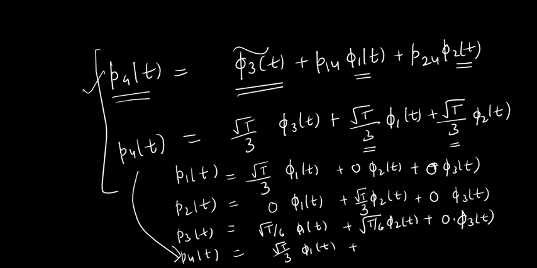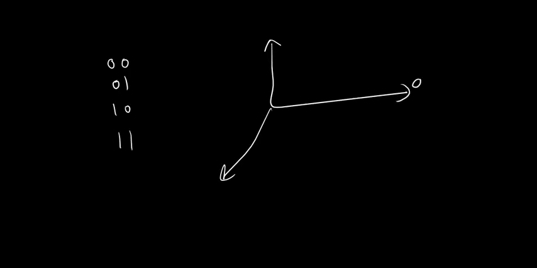So if these are the 4 waveforms you are using in order to transmit 2 bits, is there any mistake? This is phi 2(t), okay. So for this particular waveform design, how many degrees of freedom are you using? 3.